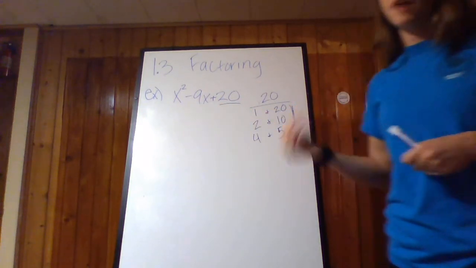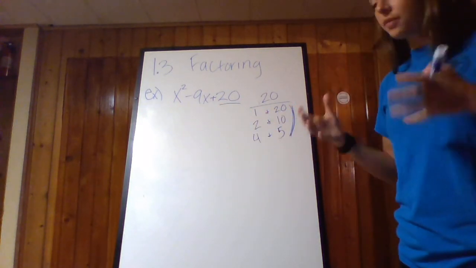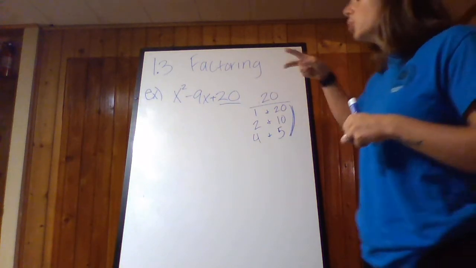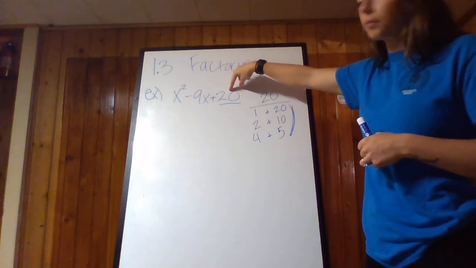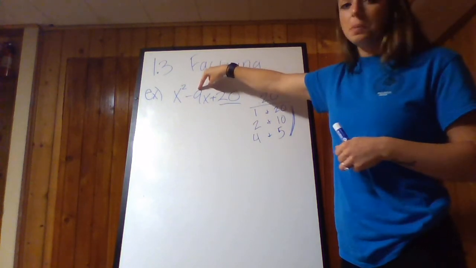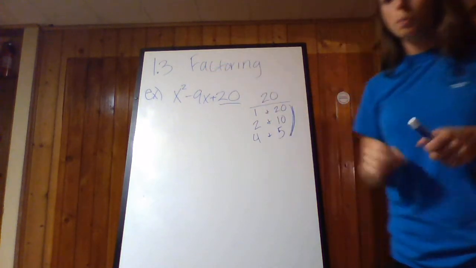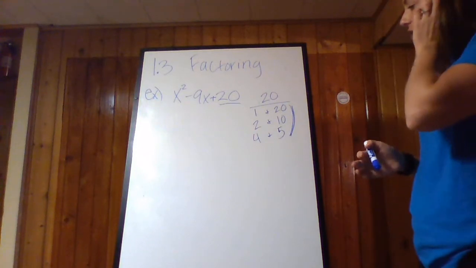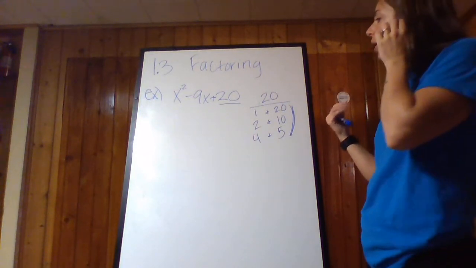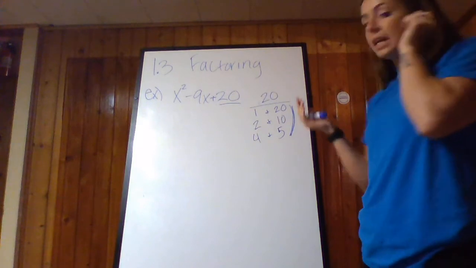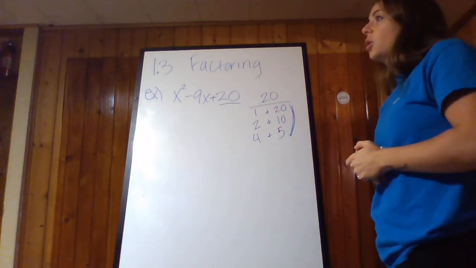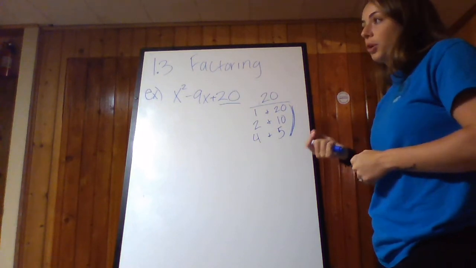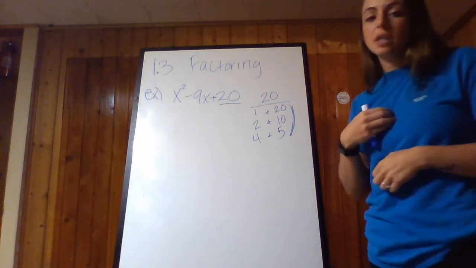Okay, so when we factor, the way we factor is we find 2 numbers that multiply together to be the last number and add together to be the middle number, and signs do matter. So when I start thinking about what numbers could get me to 20 or get me to negative 9, one thing that's really important is to remember that we can use negatives.